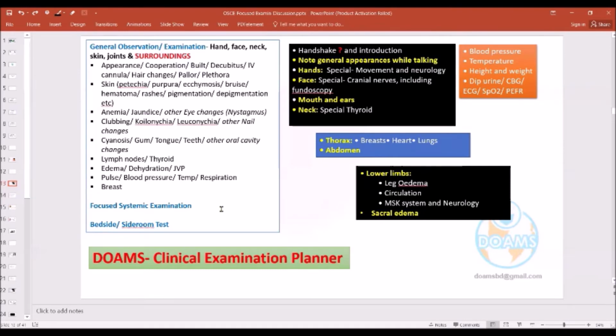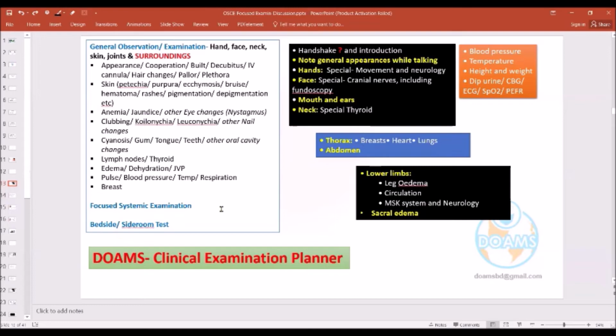Now pulse, blood pressure, temperature, respiration. Which is more important? All are important. How is respiration important in this patient with Graves' disease? That means the breathing. Can the thyroid gland be compressing the airway?